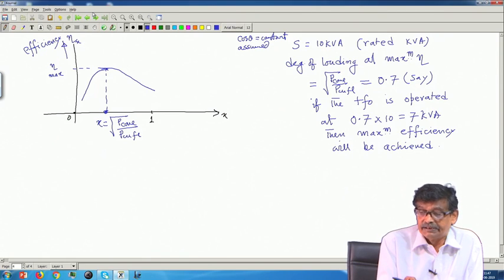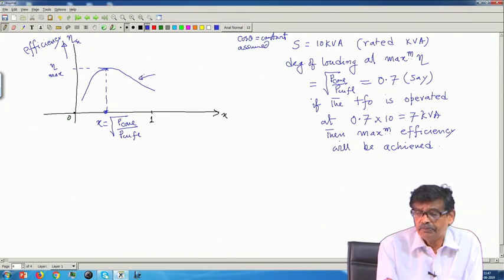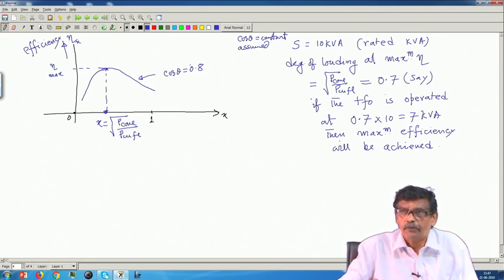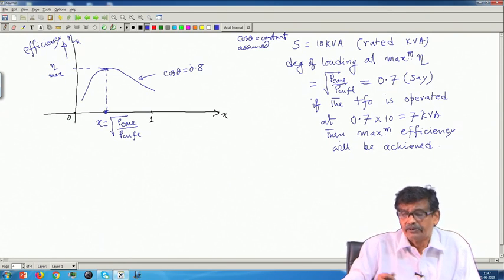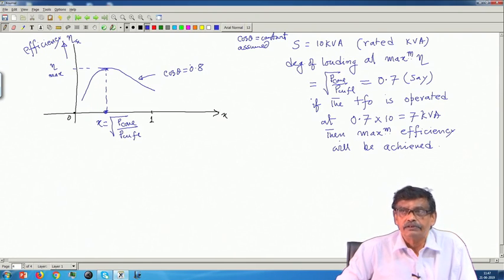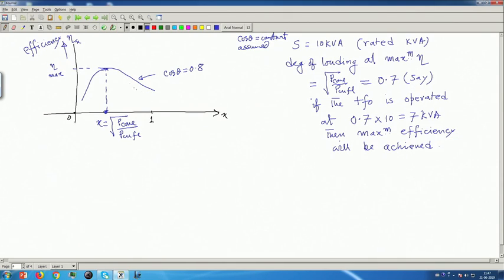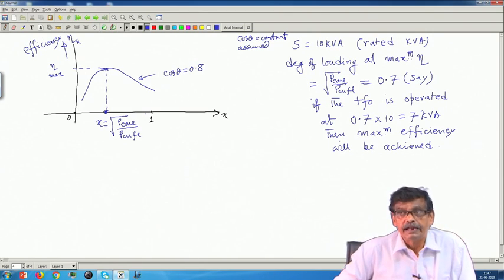Therefore, I should attach to this curve a tag saying that this is for example, say cos theta is equal to 0.8. Leading or lagging does not matter, no point in qualifying it further, because output power is x into s into cos theta. So, I must attach another parameter to this curve, that this curve has been achieved when you kept cos theta equal to 0.8.